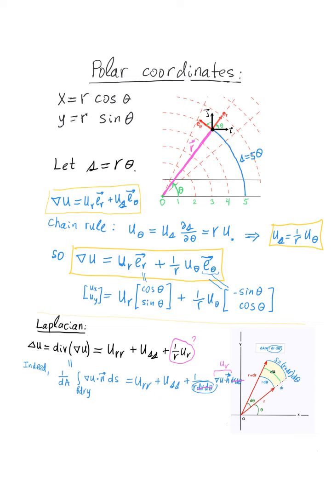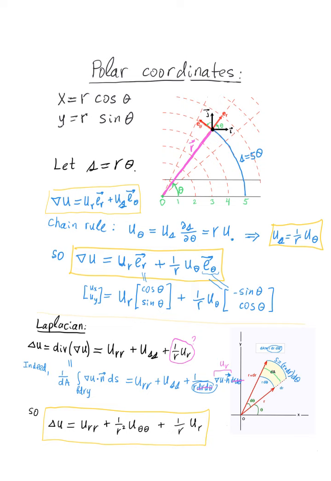So this is the informal explanation of what's going on. Now finally, our expression for the Laplacian contains the second partial derivative with respect to s, where s is r times theta.